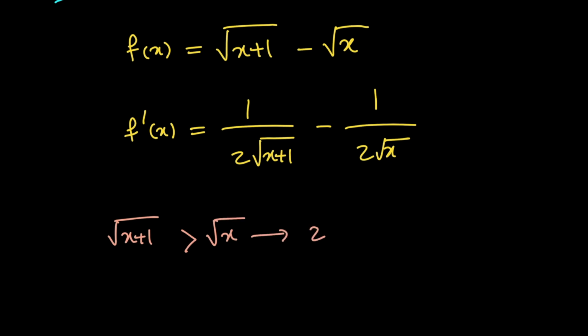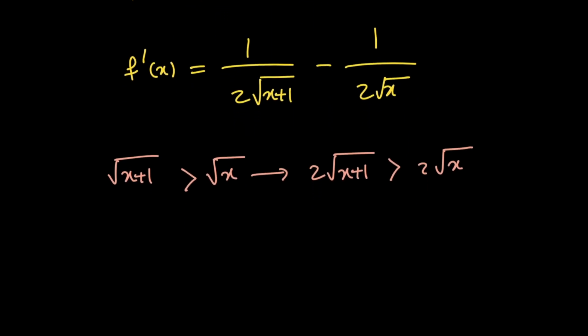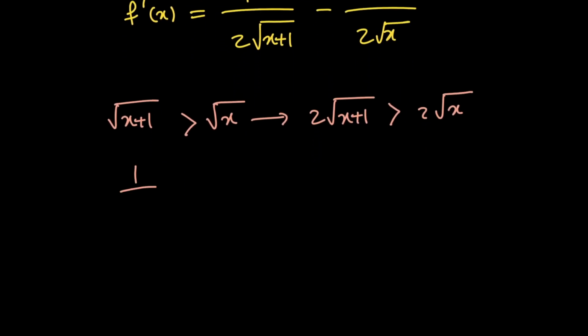Which means that 2 times the square root of x plus 1 is also greater than 2 times the square root of x. And now, if we flip both sides, we get 1 over 2 times the square root of x plus 1 is greater than 1 over 2 times the square root of x.